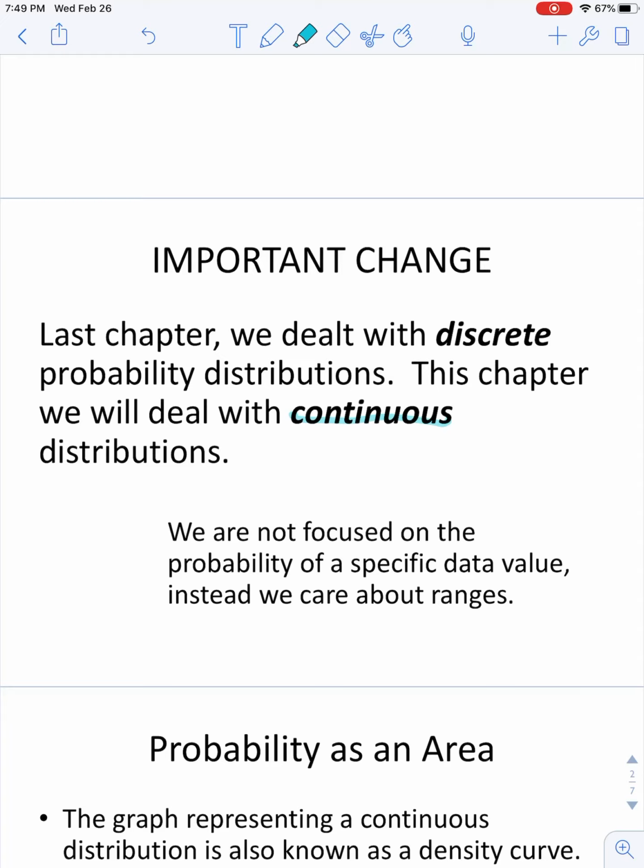So instead of finding the probability of a specific number like 16 ounces, instead we're going to care about ranges. Like what's the probability that there's anywhere between 15 and 16 ounces of water in the water bottle? And that's more realistic to figure out. It's not easier to figure out, but it is more realistic, and you're going to get a real probability there.